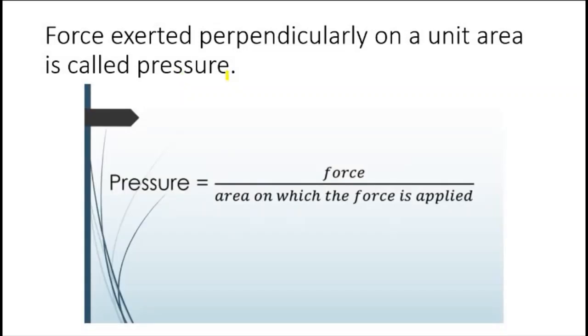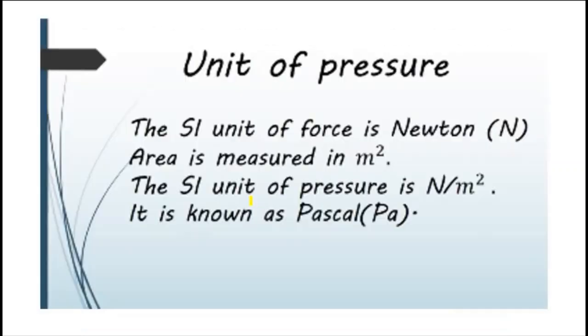Now, the formula of pressure is equal to force upon area on which the force is applied. In short, pressure is equal to force upon area. That is, P is equal to F upon A. Students, note this formula. It is a very important formula.